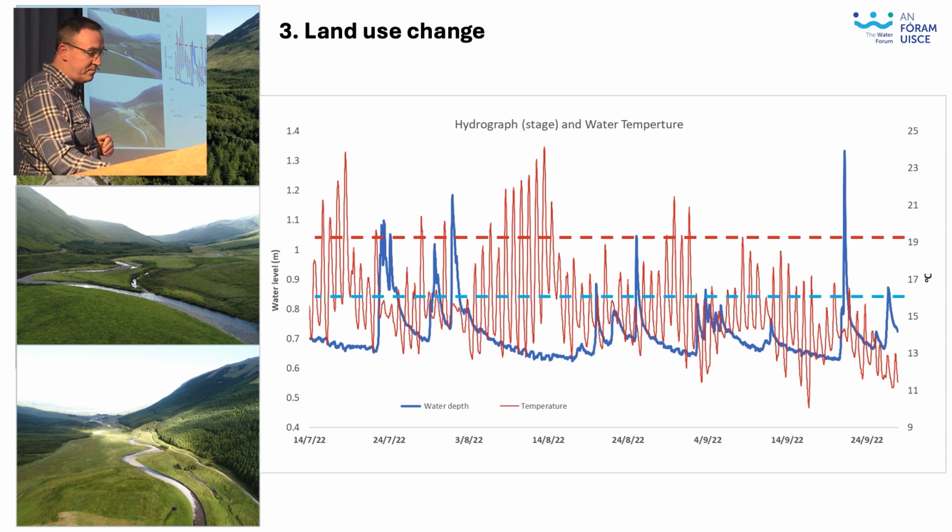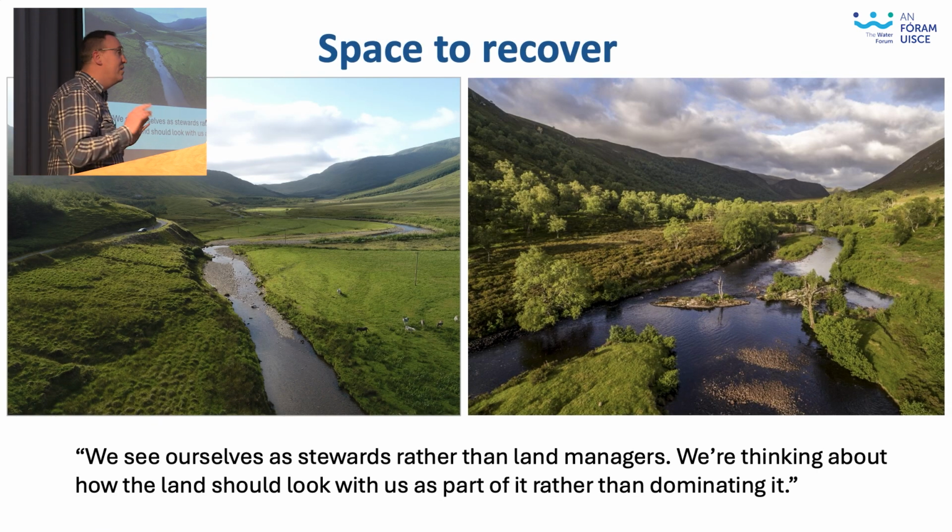But I do have a little bit of good news. And that is that the landowner owns that particular valley. He's a fairly extensive landowner. He's decided he wants to put the river back into something else. So we're undertaking a landscape restoration project, and that will involve measures such as re-wetting.